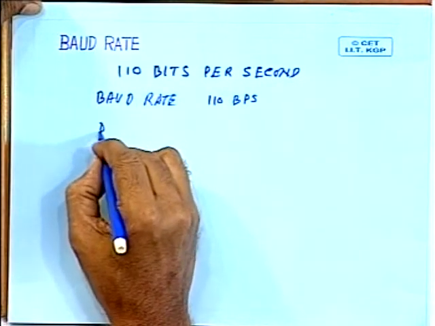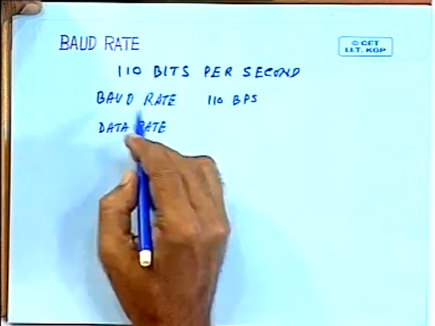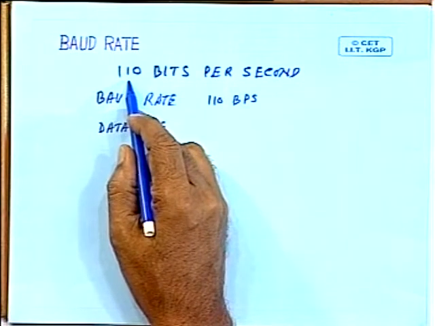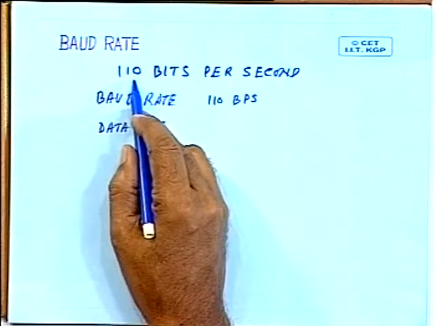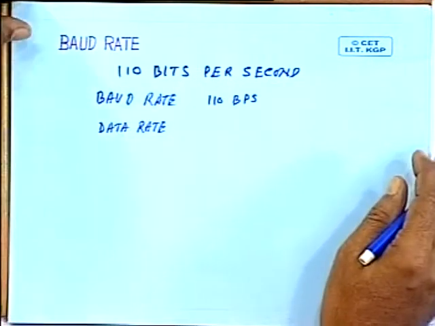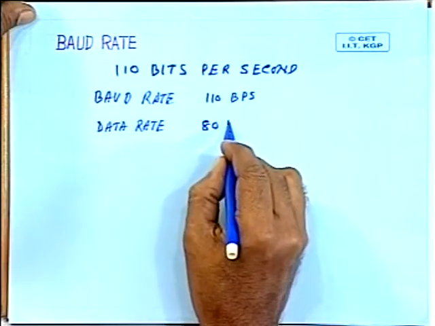But what is the data rate? You have seen you are sending 11 bits for 1 byte. So instead of 10 bytes, you have essentially sent 8 bytes, that is 80 bits.